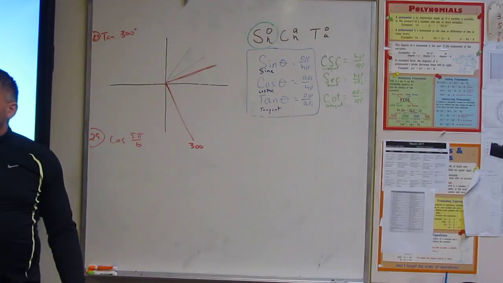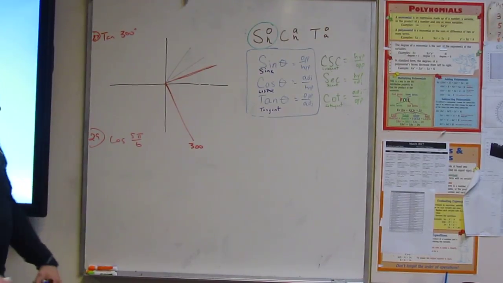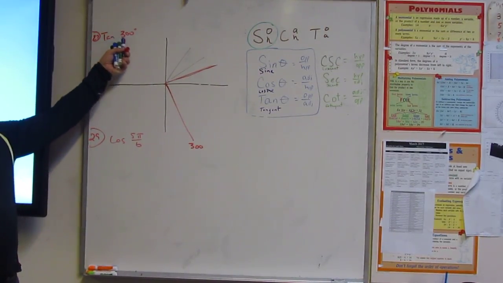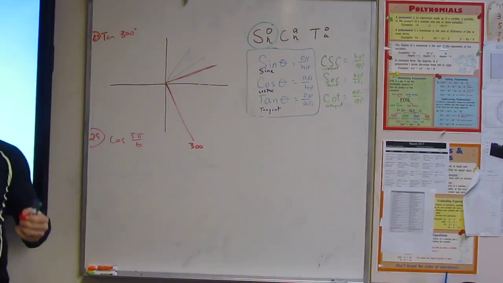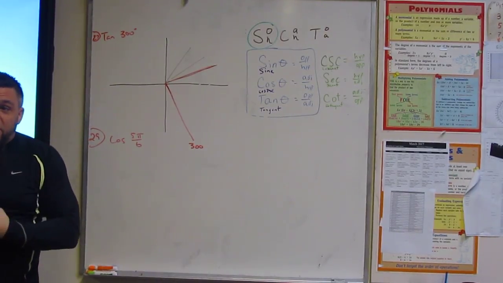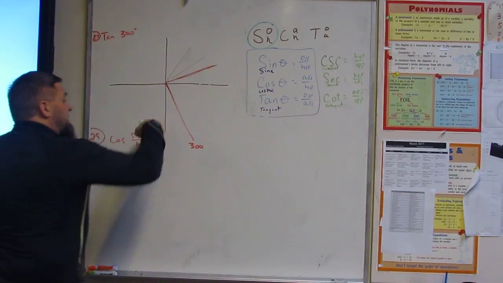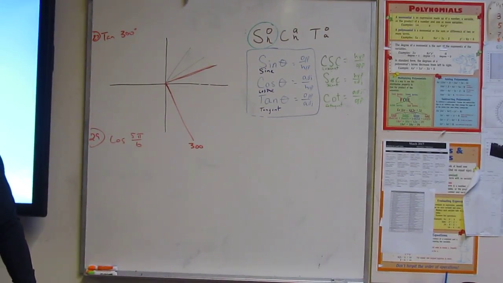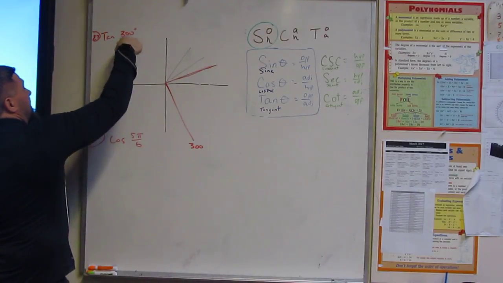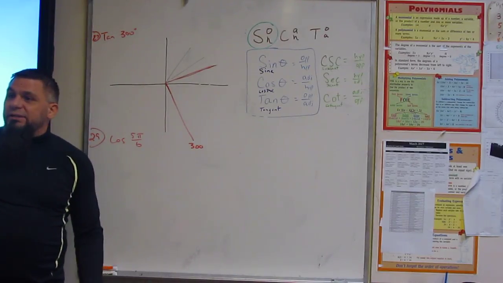So it's 300, right? You don't need, in this case, to know the pi. You don't need to know radians, right? Because this is 300. This is where 300 is. What you do need to know is what this is talking about, right? Okay? So, the tangent of 300 degrees, right?